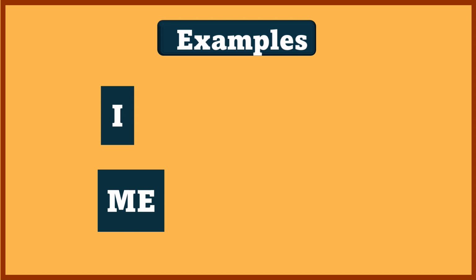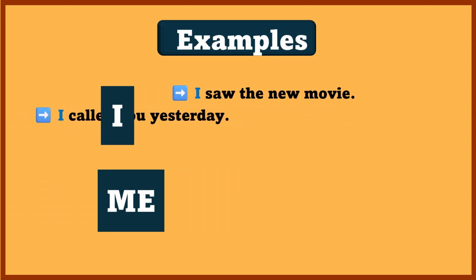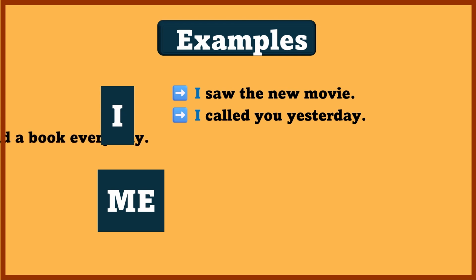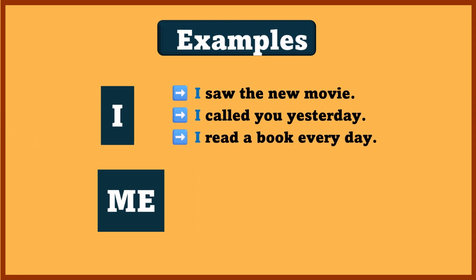Let's look at some examples. I saw the new movie. I called you yesterday. I read a book every day. Here, actions saw, called, and read are being done by I, the subject.